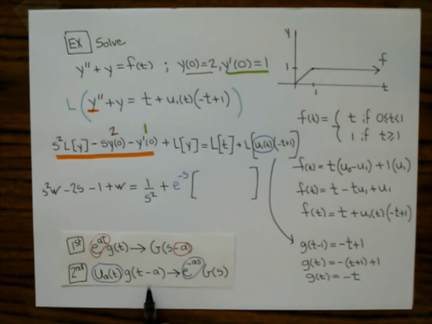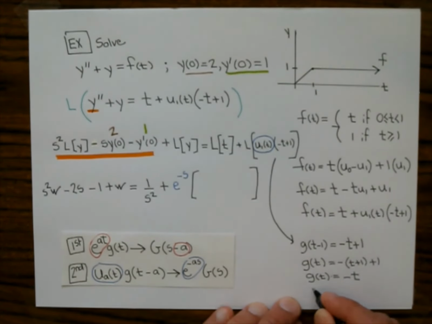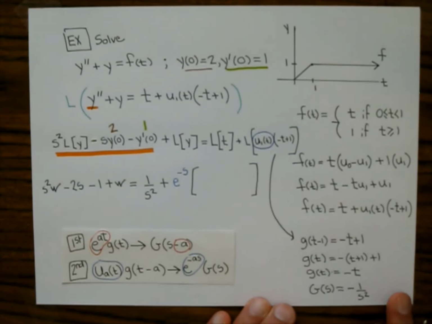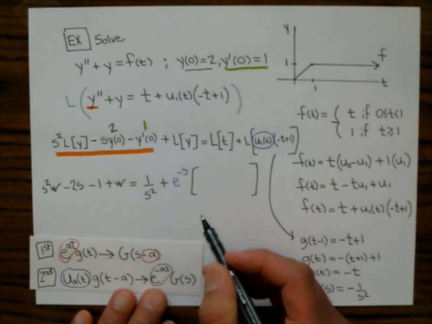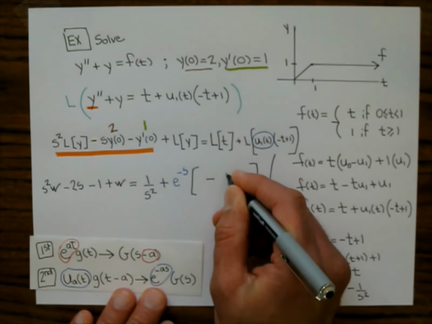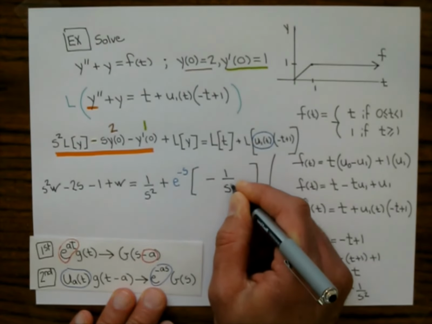So that's what g of t is. And so look, g of t is sort of the middle of the river there, and then I'm going to find out what G of s is. G of s happens to be negative 1 over s squared. And then I'm going to multiply that by e to the negative 1s, which I have right there, so I'm pretty much done with this. This is negative 1 over s squared.